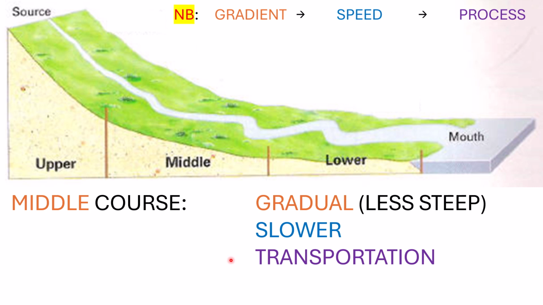So for the middle course, the gradient is gradual, which causes the river to slow down, and the main fluvial process is transportation. You're in actual fact allowed to say that it's a combination of erosion and deposition, but in most instances the word transportation is used to describe the process in the middle course.